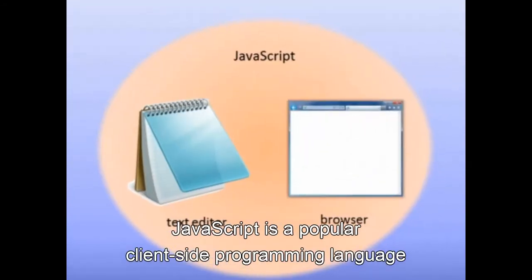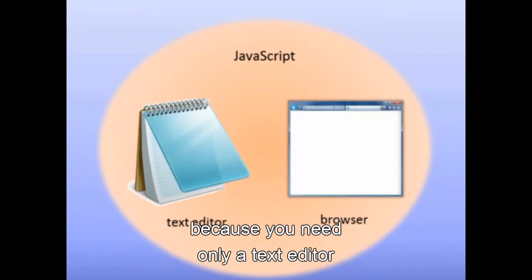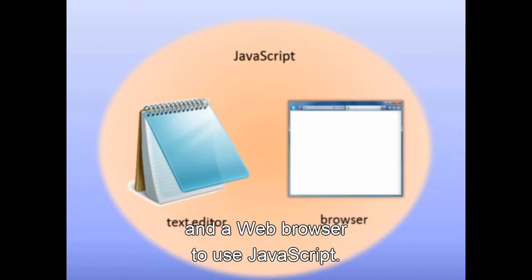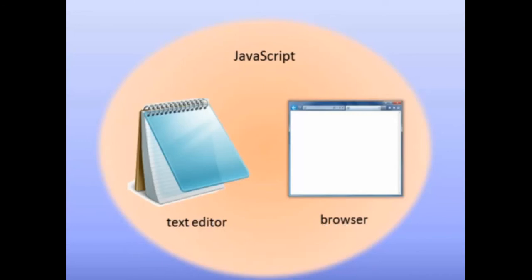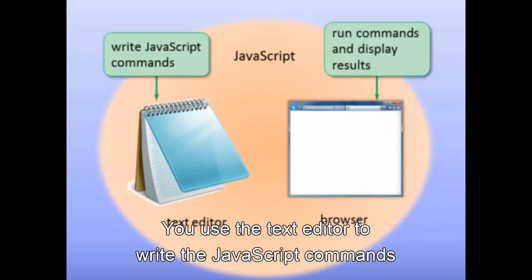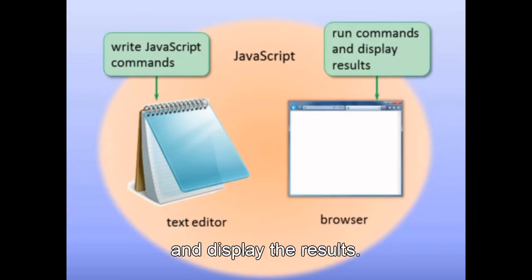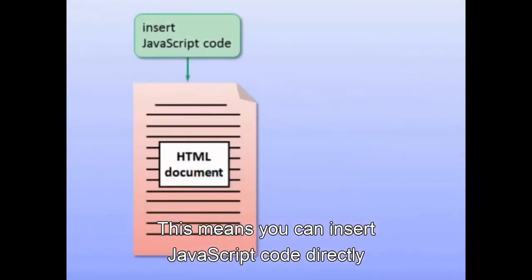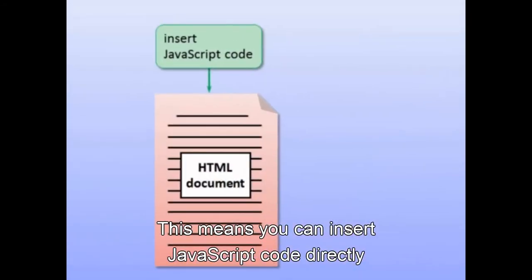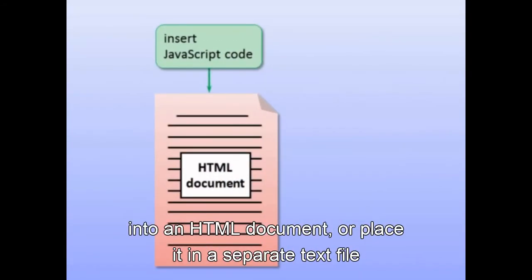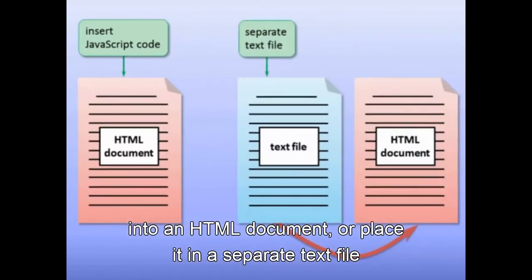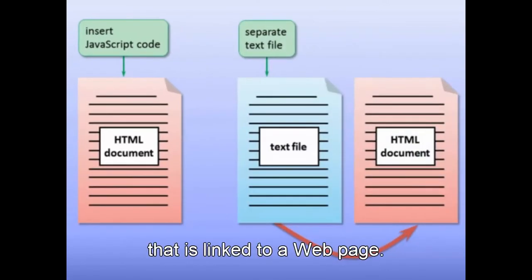JavaScript is a popular client-side programming language because you need only a text editor and a web browser to use JavaScript. You use the text editor to write the JavaScript commands, and the web browser to run the commands and display the results. This means you can insert JavaScript code directly into an HTML document, or place it in a separate text file that is linked to a web page.